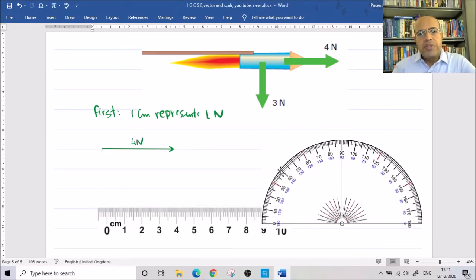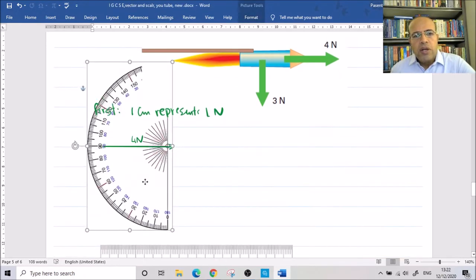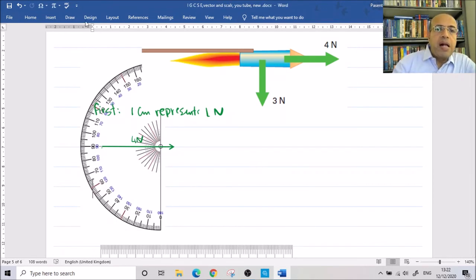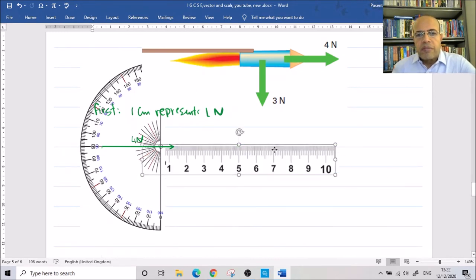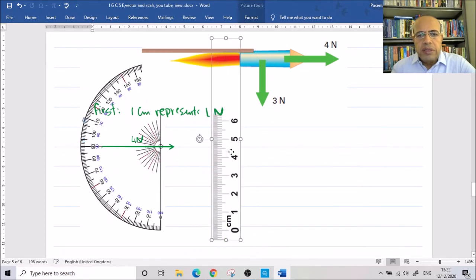And then we use the protractor to measure a right angle. We put the protractor here. We draw a ray of length 3 centimeter. So we put the ruler and we take the length 3 centimeter.